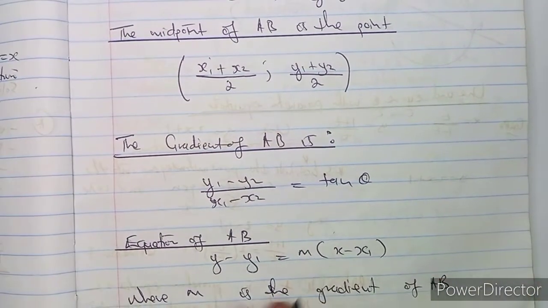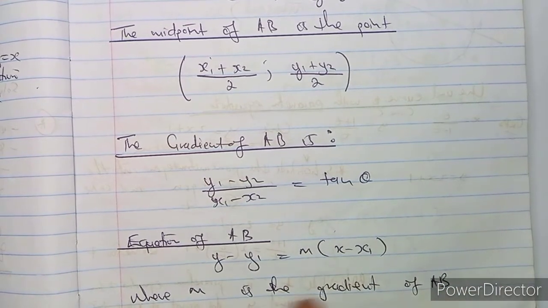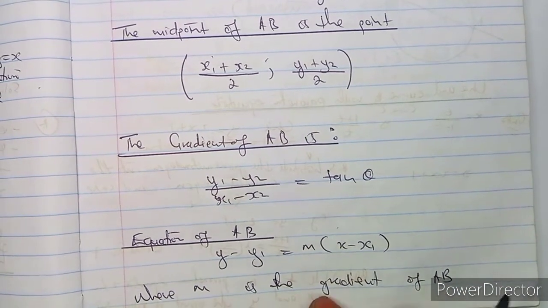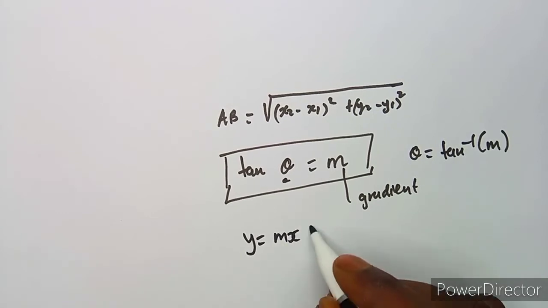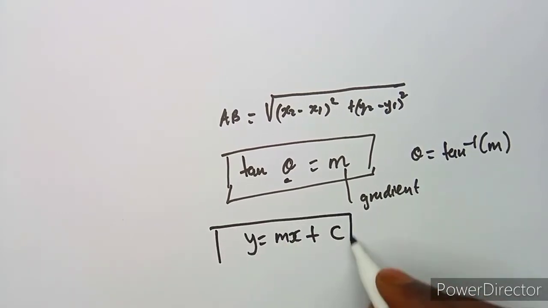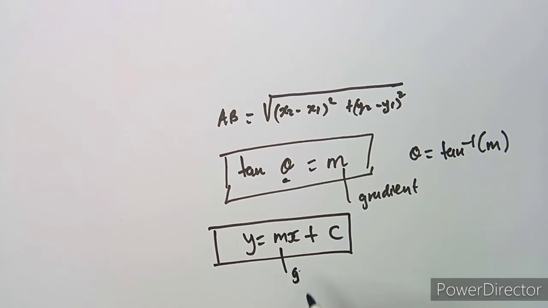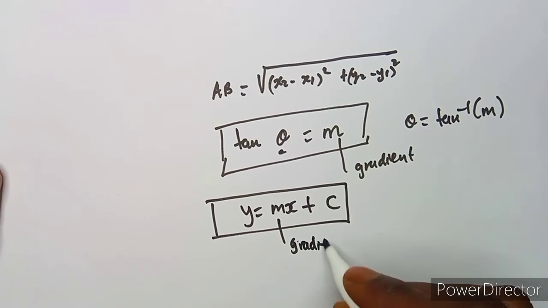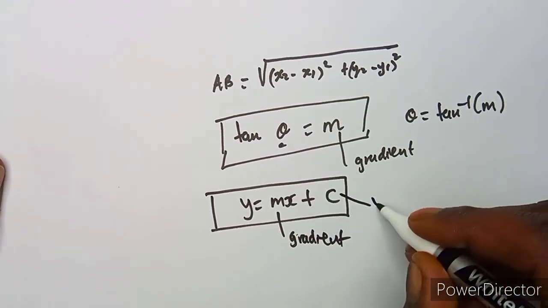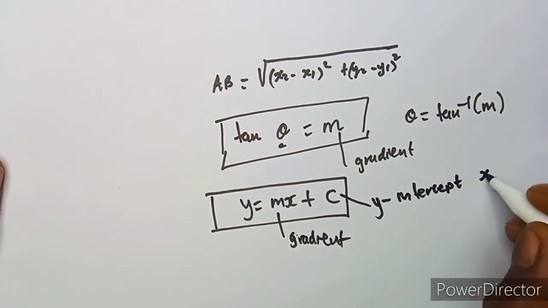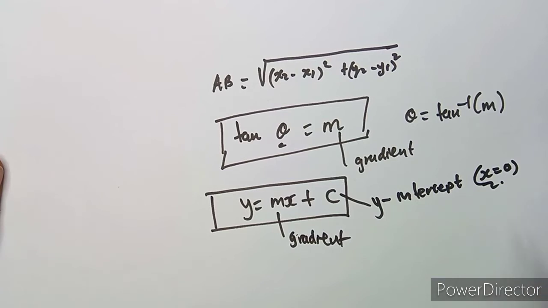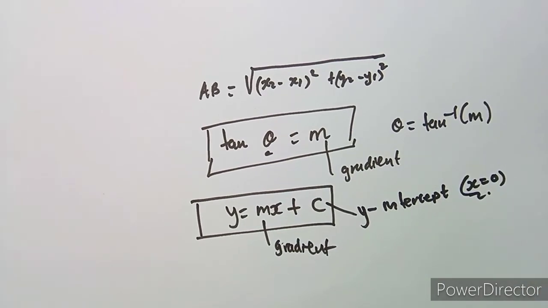Then the equation of line AB: you know that the equation of a line can be given by this format, where m is the gradient, or the equation of a line can be taken as y is equal to mx plus c, where m is the gradient and c is the y-intercept, which is the value of y when x is equal to 0.